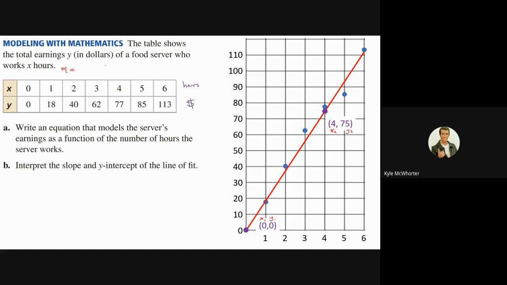Remember, it was y2 minus y1 on the top, so that would be 75 minus 0. Then x2 minus x1 on the bottom, that would be 4 minus 0. So 75 over 4 is our slope, but let's grab a calculator, and 75 divided by 4 is 18.75. So our slope is 18.75.